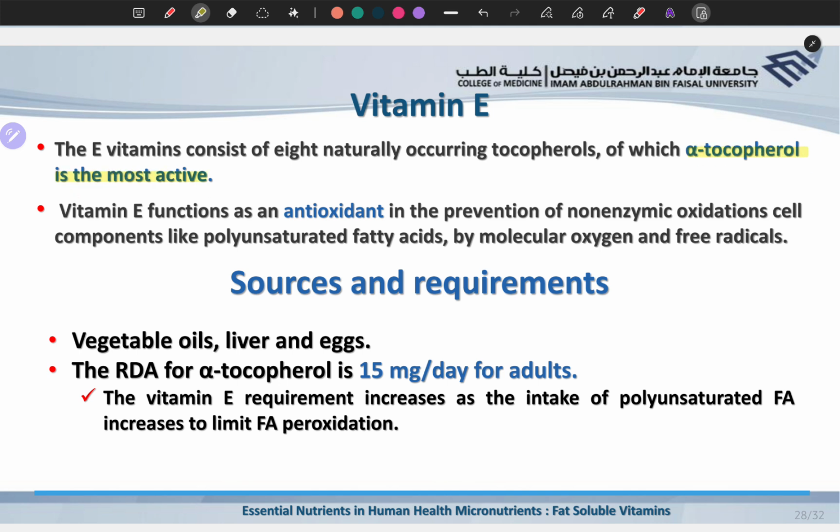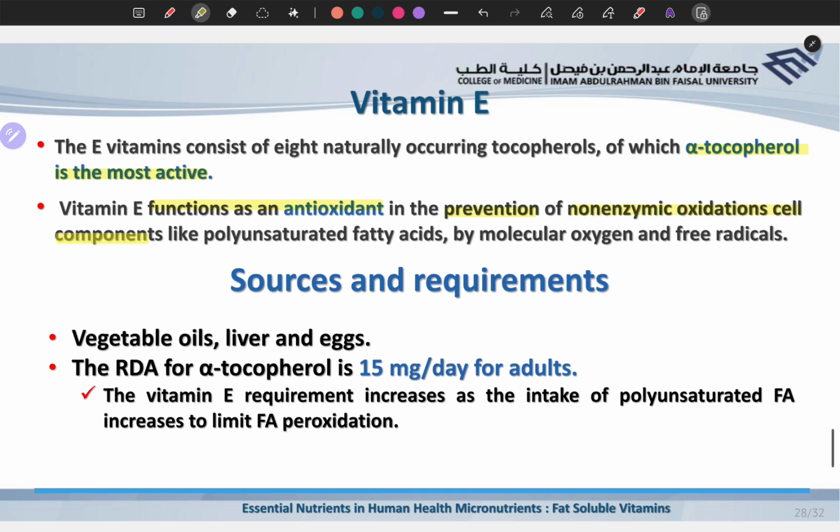They help in neutralizing free radicals which cause oxidative tissue damage. The most common antioxidant is vitamin C. Among the fat soluble, the most potent is vitamin E. So it is helpful in the prevention of non-enzymatic oxidation of polyunsaturated fatty acids, preventing injury from molecular oxygen, which has an additional pair of electrons and causes oxidative tissue damage.